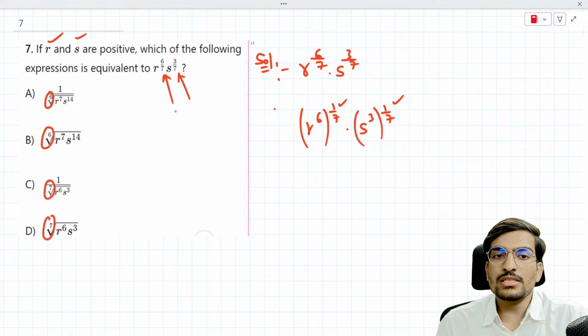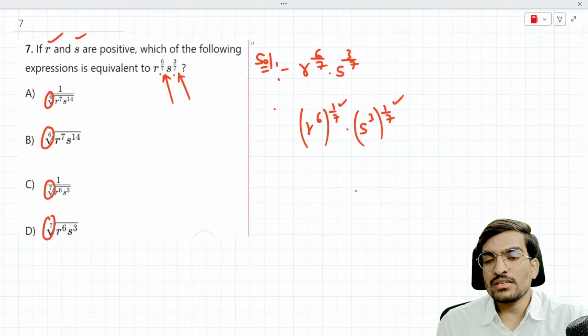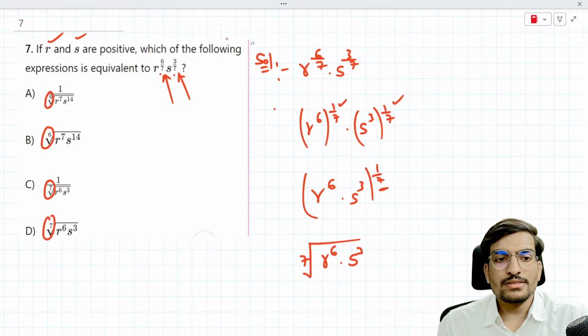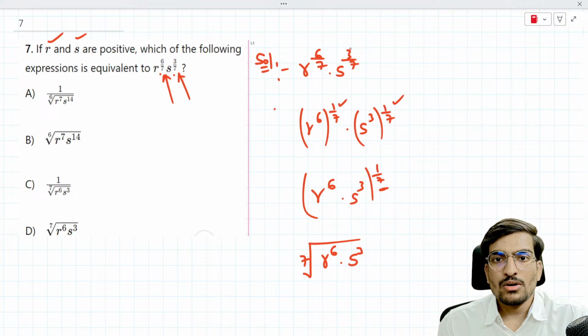So that's how I just connected things and saw this way. I mean, like the exponent's denominator is 7. So now R power 6, S raised to the power of 3 whole power 1 by 7. So that's going to be 1 by 7 is nothing but 7th root of R power 6, S power 3. So that is 7th root of R power 6, S power 3, which is option D.